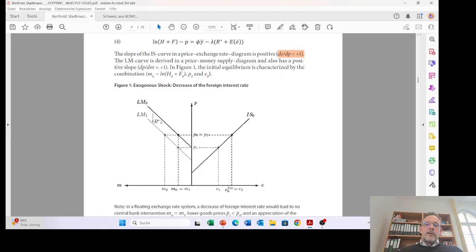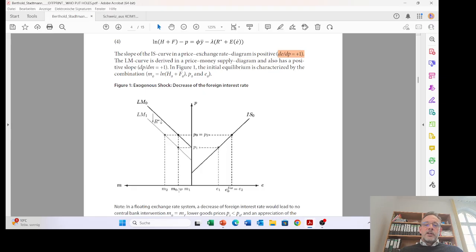M0 is the initial level of money supply, and P0 and E0 fixed is the situation in the beginning. Then the LM curve shifts downwards because the ECB has lowered the foreign interest rate.